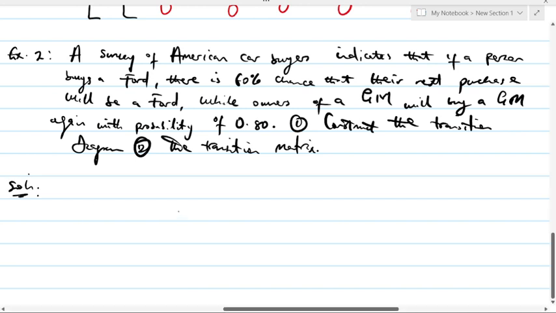The two possible states we have here are a Ford car, represented as F, and a GM car, represented as G, if you read the question properly. So let me put it in a square bracket because my circle is not properly drawn.